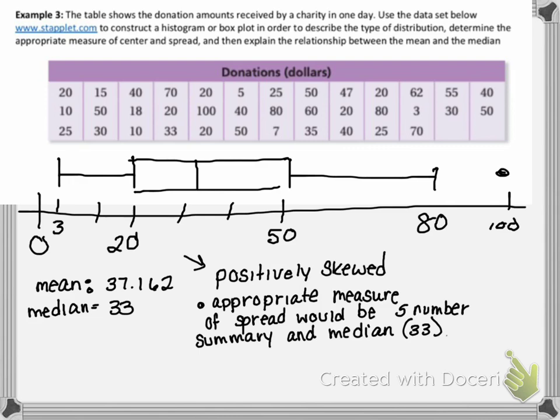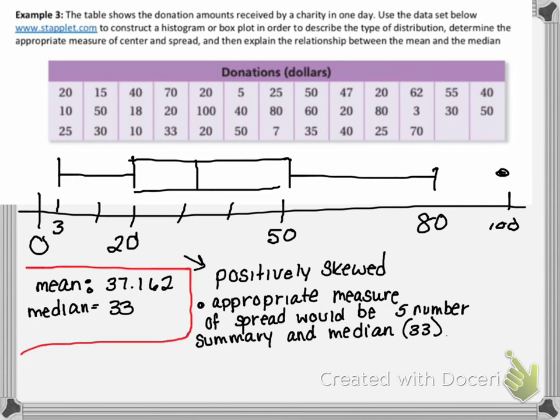So here I used a box plot. You could have used a histogram, which is fine. But what I like about the box plot immediately is that I see an outlier. So immediately I know it's skewed. I would say this is positively skewed because of my outlier being all the way up at 100. It's going to pull at my mean. And if you look down below, I pulled this off of Stapplet.